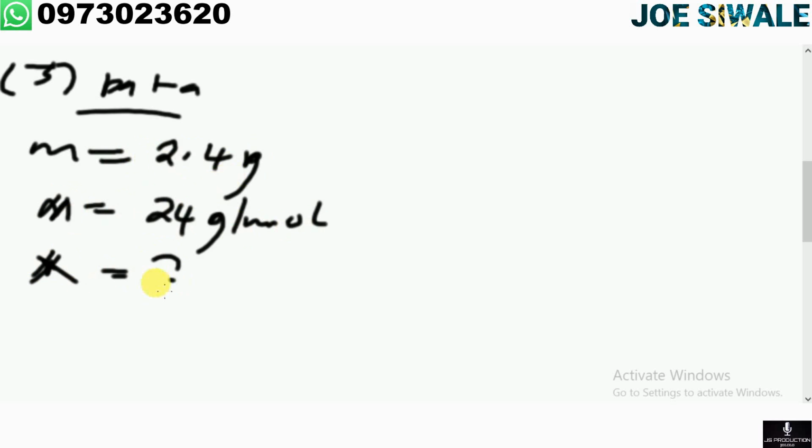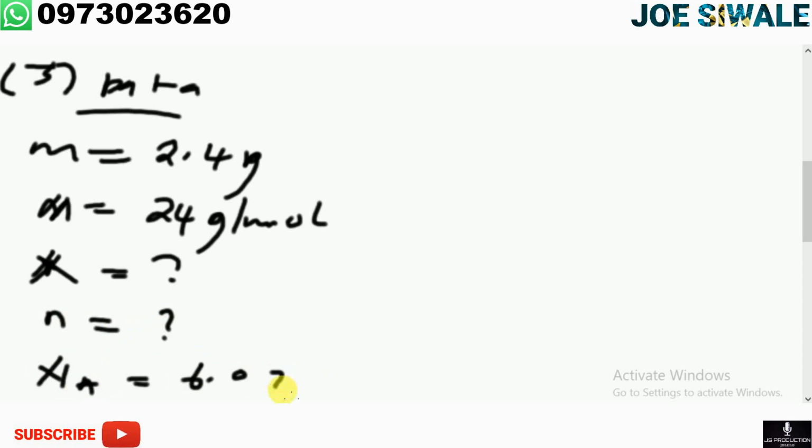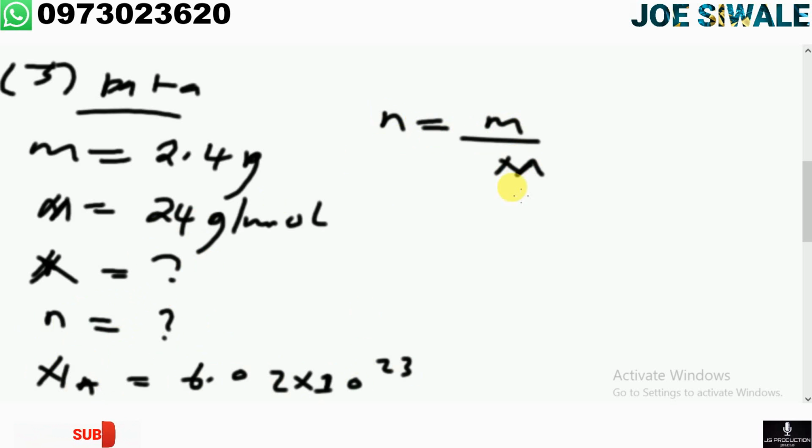I also don't know the number of moles, but the Avogadro's number, I know that's 6.02 times 10 to the power 23. So the first thing that I'm going to do, since the formula that we use when calculating the number of particles requires the number of moles, is to calculate the number of moles. So number of moles is equals to mass divided by the molar mass.